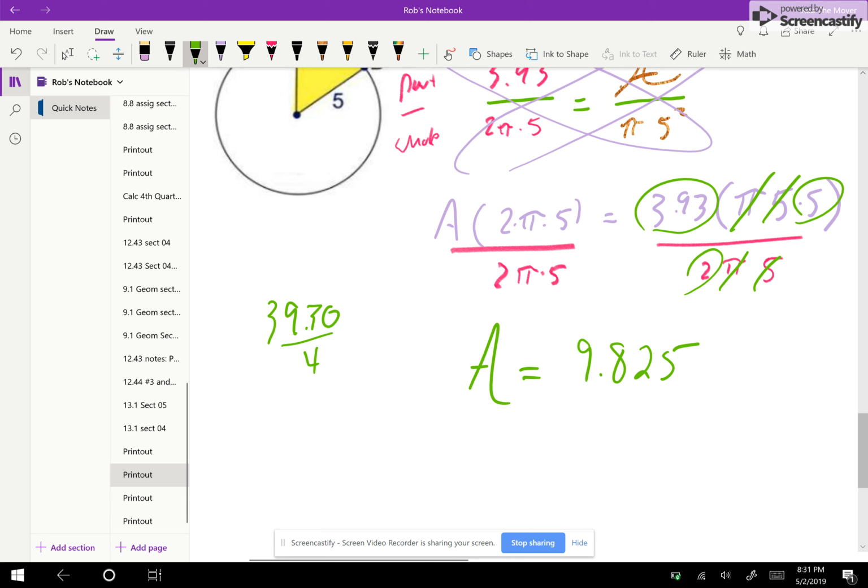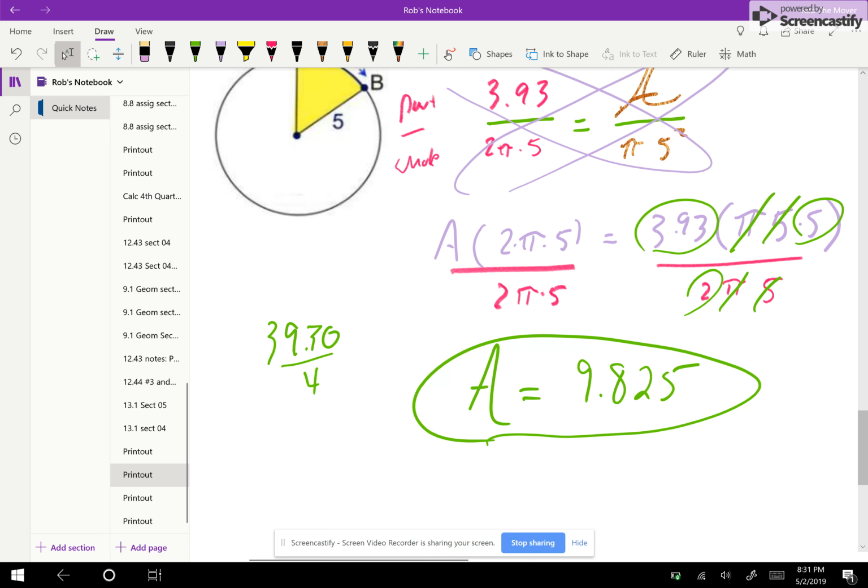3.93 times 5 equals 19 point something. I'm going to divide that by 2. 9.825. Look at me. Woohoo! That one is area, so we're not given any units here, so we're going to write units squared. Where should I have written units?